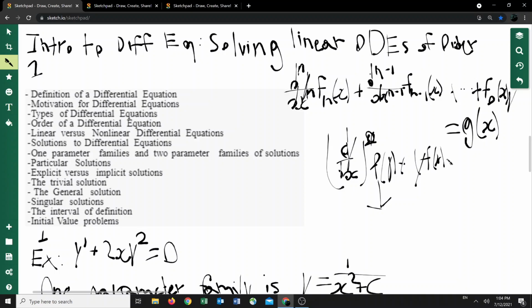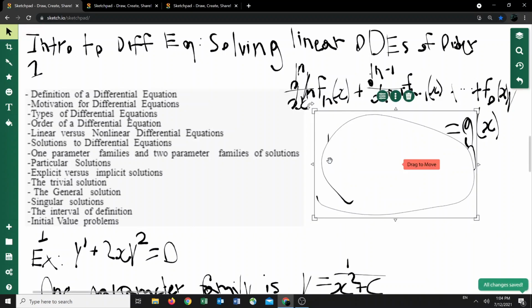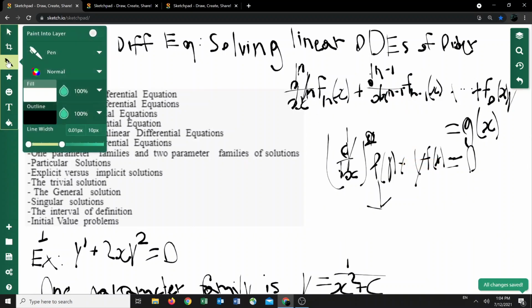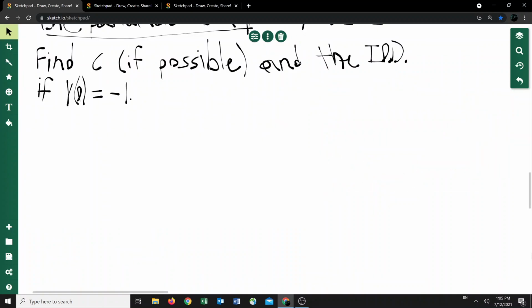No matter how we try to redeem ourselves to make this linear, we still have a function of y as a coefficient of the derivative, which is against the law of linear differential equations. So this is another nonlinear one. Oh, I thought that would work. I guess not. Okay, let me just get rid of some of this.